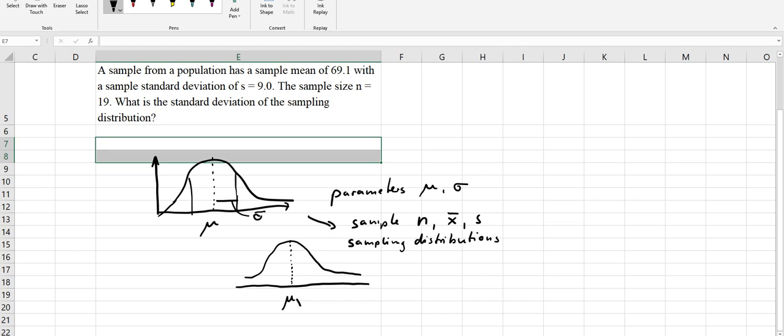So we would have the population mean of the sampling distribution, and we usually abbreviate that as mu x bar. So this is the mean of the sampling distribution. And it is a normal distribution.